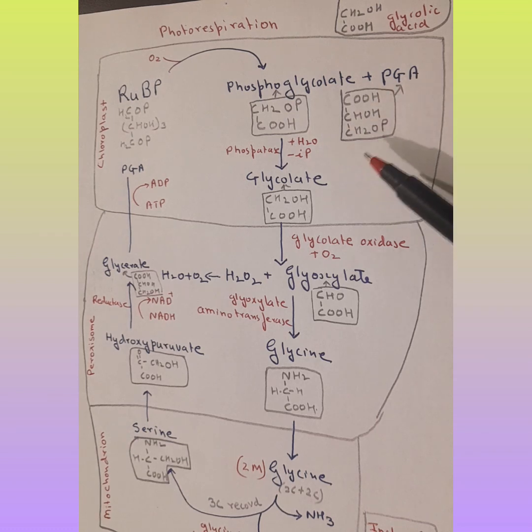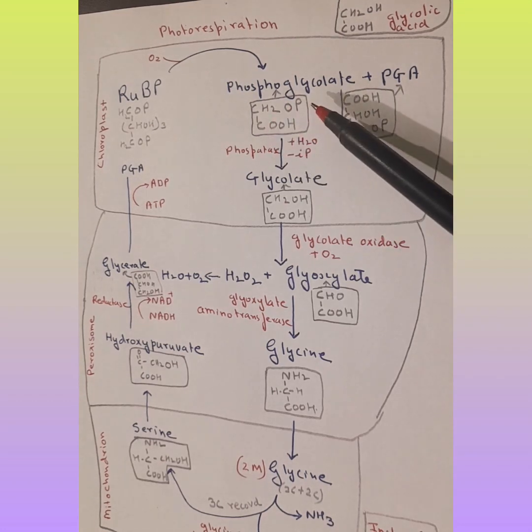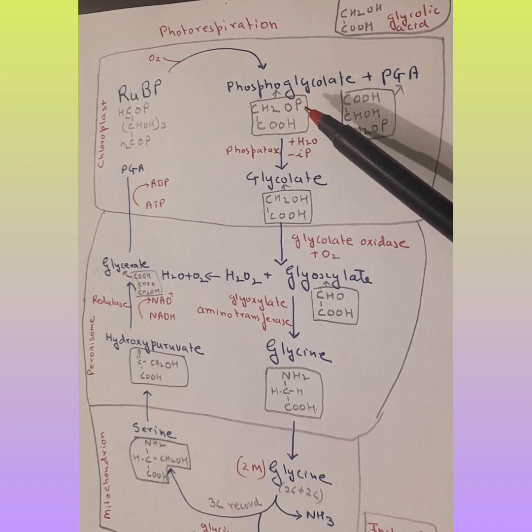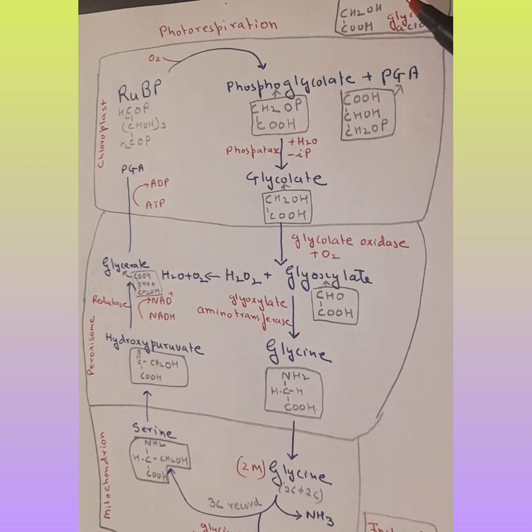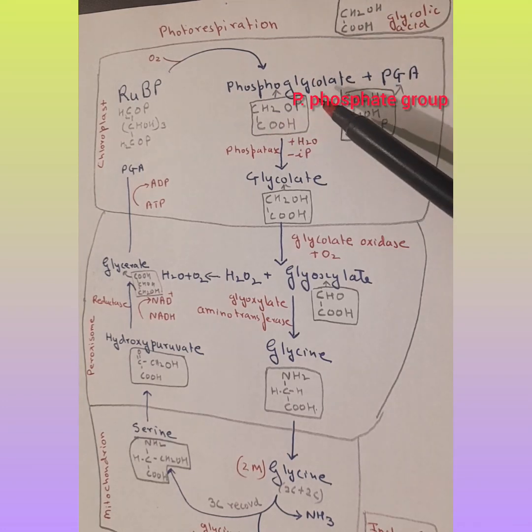PGA, this is the structure of PGA. We are well versed now, as I had explained it in my earlier video. And phosphoglycolate: to understand it, let's look at this structure. This is the structure of glycolic acid, CH2OH, COOH. Now this OH gets phosphorylated to form phosphoglycolate.